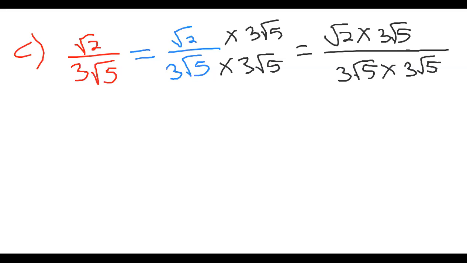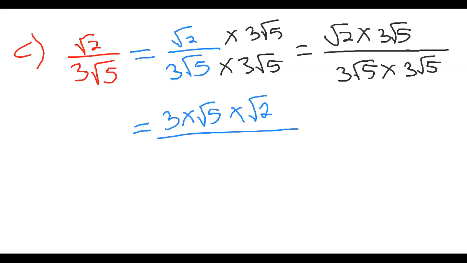For example, in case you have root a times root b, you get root of ab. So it is the same thing that we have here. So this is the same as root 2 times 3 times root 5. I'm just trying to expand, but I'm changing nothing. In case you know what you're doing, you can even skip this step.